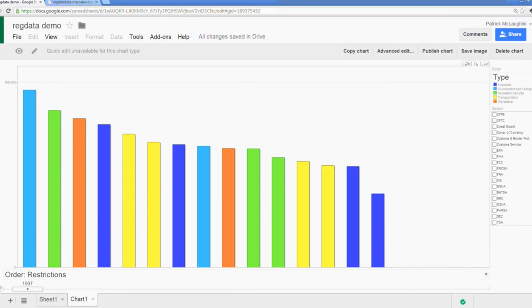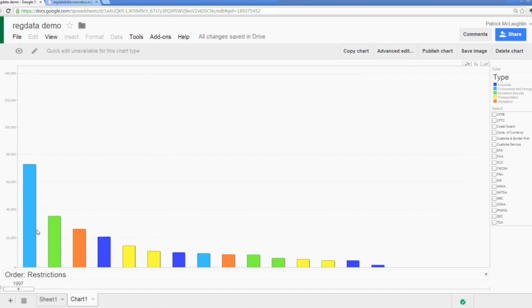And here's another way to look at all this. Now we're looking at bar graphs, and it's still log scale, so let me switch it off of log scale here. So now it's just the level of restrictions for each of these different agencies. This one over here is EPA, and then there's a bunch of others. This is restriction growth over time by agency.